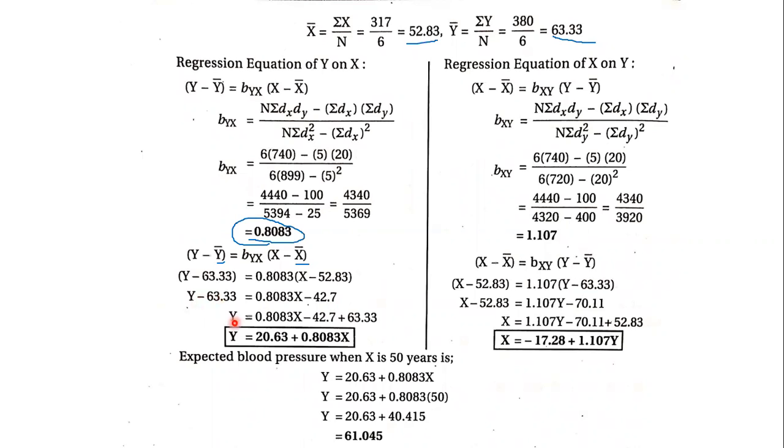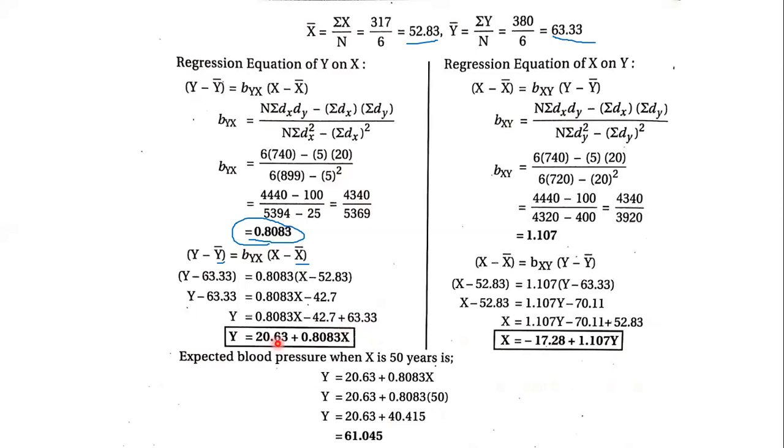So y is equal to, this is y on x, remember that always, so y will be on one side. Y is equal to 20.63. From where did I get 20.63? Minus 42.7 plus 63.33. If you do, you get 20.63.